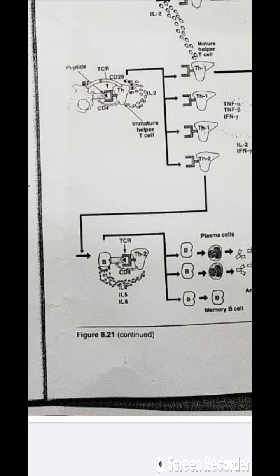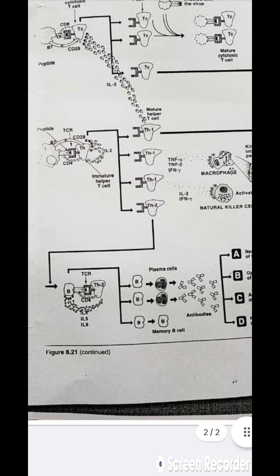This epitope is presented to which cell? The Th2 subtype of the helper T cell, subtype 2 of the helper T cell. That is why again the helper T cell is providing help to this lower row also, means it is giving help to humoral immunity in this way.